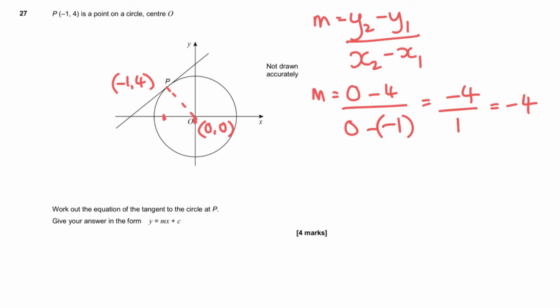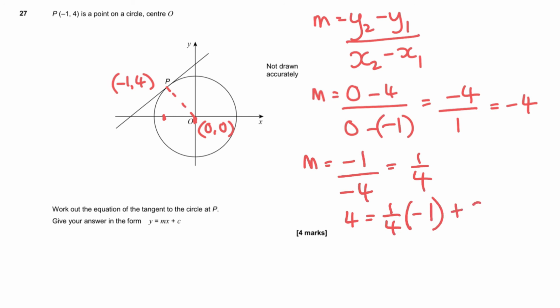So the gradient of the tangent, which is perpendicular, is going to be -1 divided by the gradient of the circle, which is -4, is equal to 1/4. So now we've got a value for m, we can put the coordinate into the equation and find a value for c. So we've got 4 is equal to 1/4 times -1 plus c.